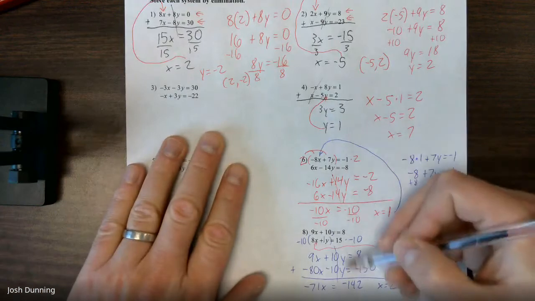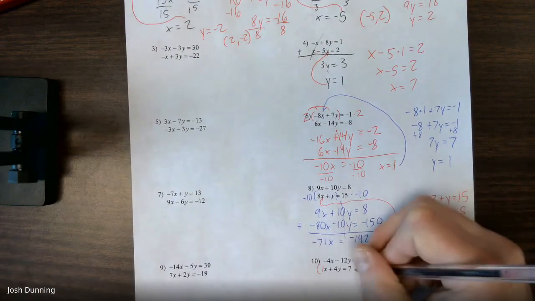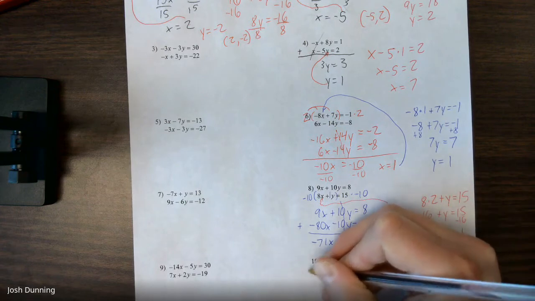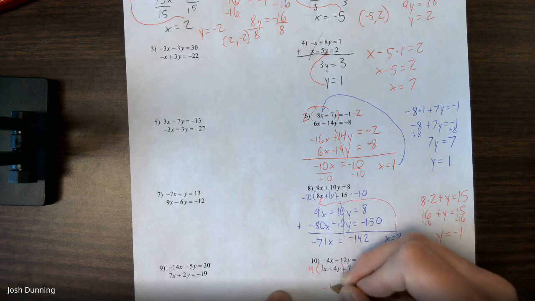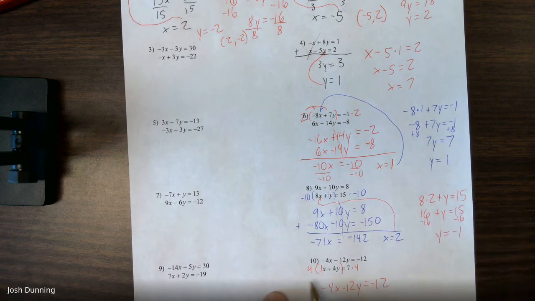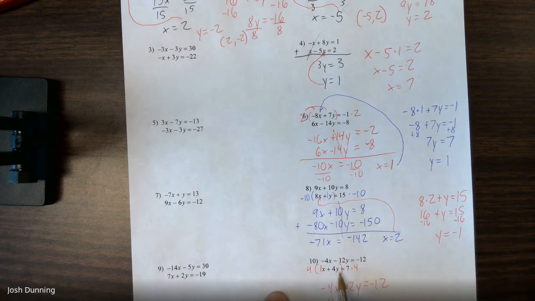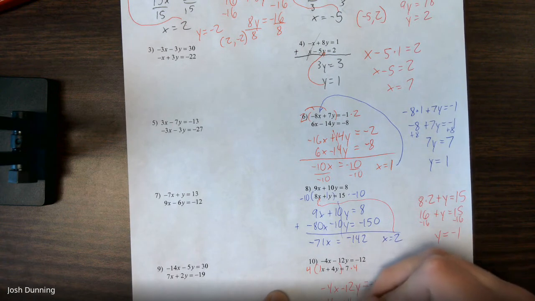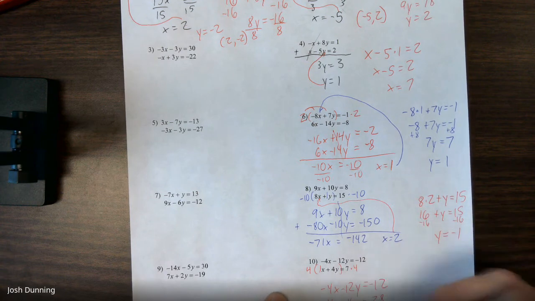And I've canceled out the y's so far, so this time I'll do x. I want to turn this into a 4, so I'm going to multiply by 4. I'm going to copy the top one down. 4 times 1, positive 4x. 4 times 4, 16. 7 times 4, 28.